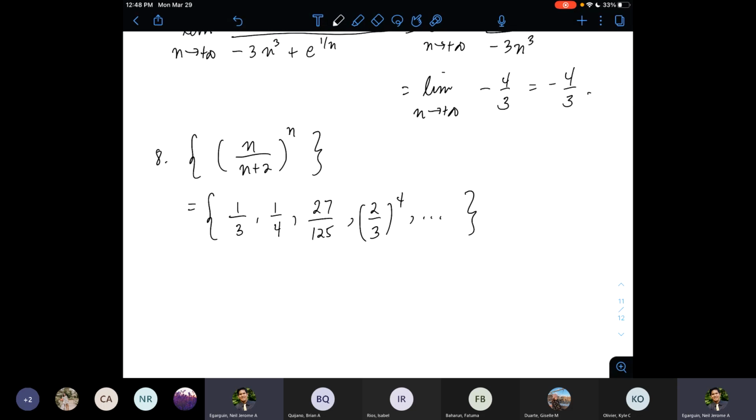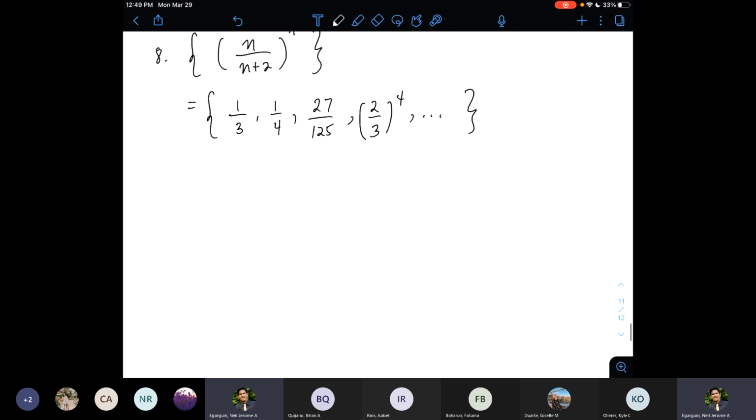Because the numerator changes, 27, then the next one would be 2 times 2, it's going to be 16. The denominator will be 3 to the fourth, and so on. So there would be variations both in the numerator and the denominator. It's not clear whether this will converge to 0 or converge at all. So for examples like this, it's better to analyze it analytically.